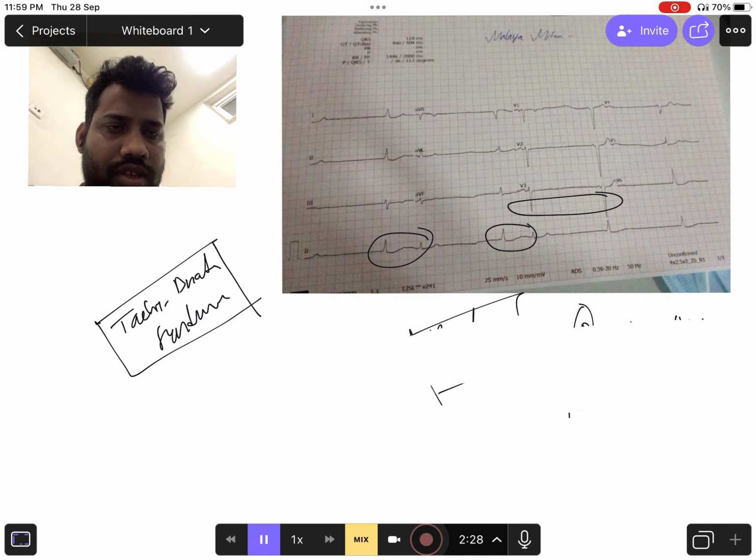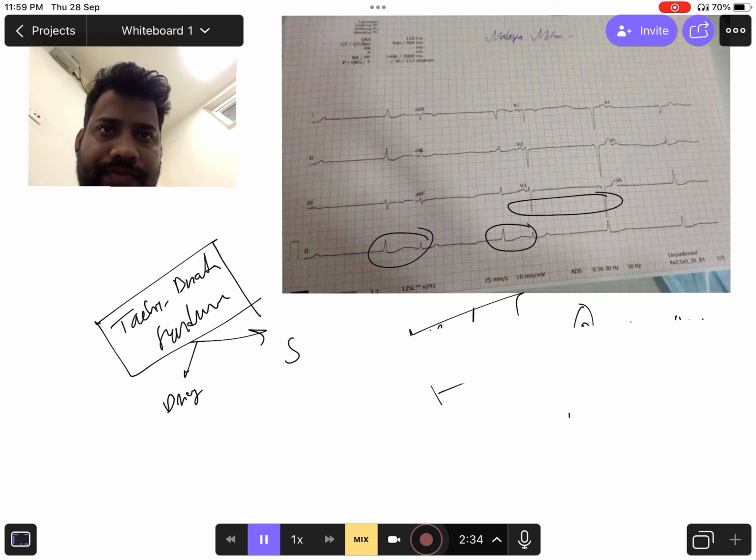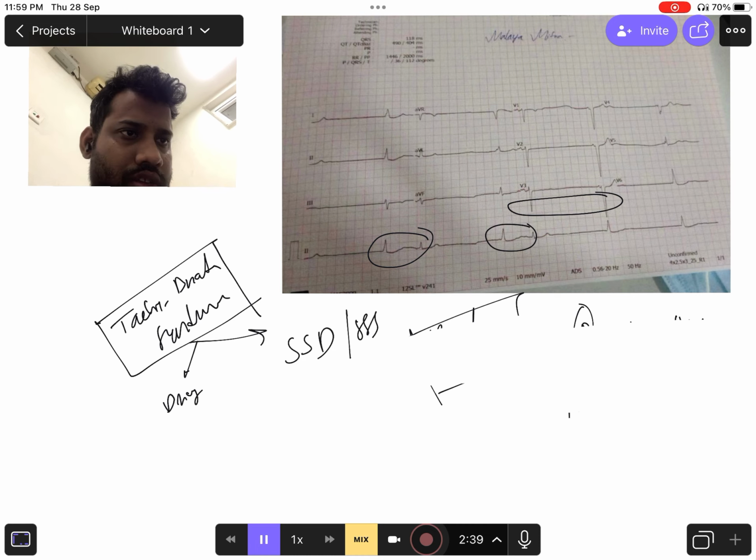The first thing we should remember is that this might be due to some drugs, and another condition that is called sick sinus disease or sick sinus syndrome. What type of drugs should we be ruling out?